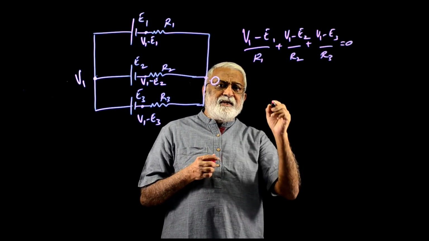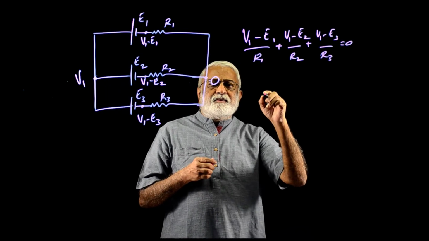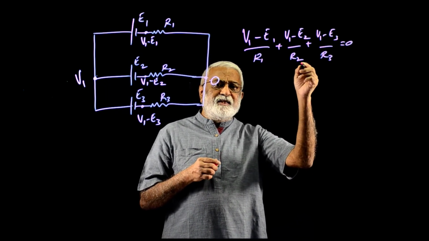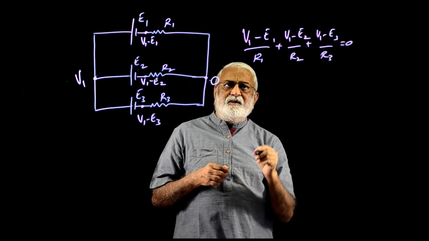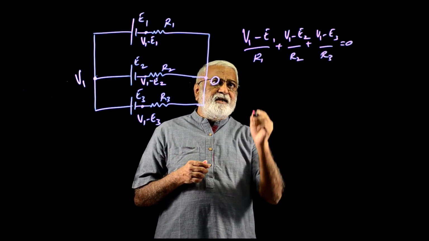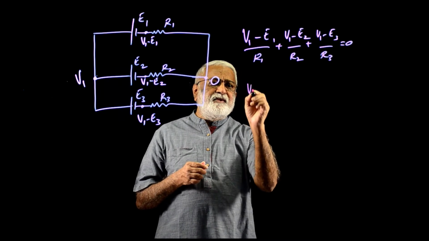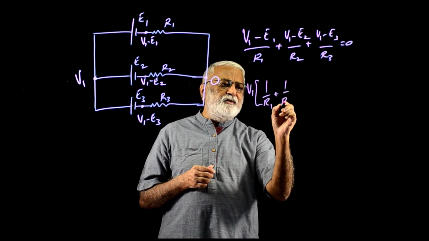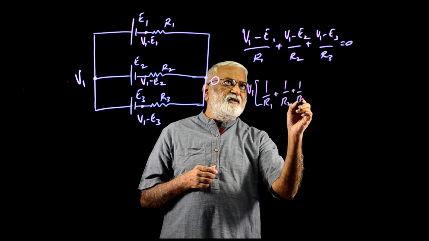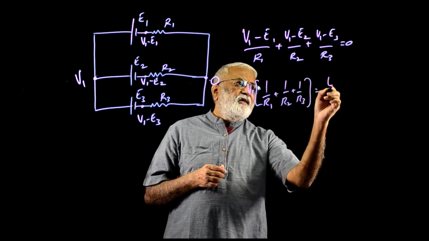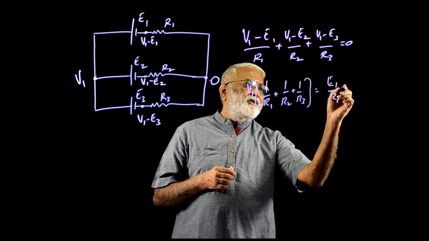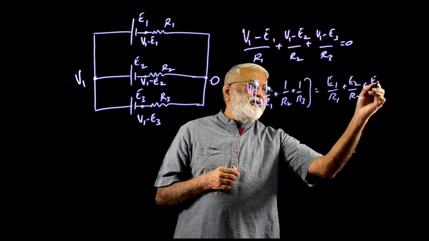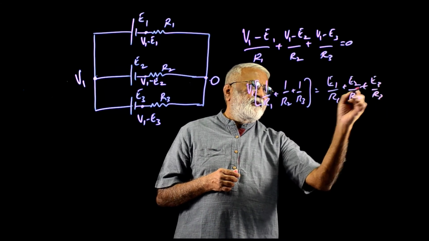This V1 will be smaller than the largest of the EMFs and greater than the smallest of the E's. Anyway, the equations will take care of that, and sorting things out, V1 times (1 by R1 plus 1 by R2 plus 1 by R3) equals E1 by R1 plus E2 by R2 plus E3 by R3.